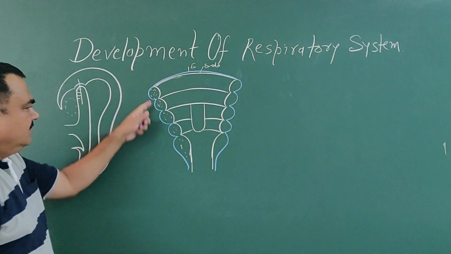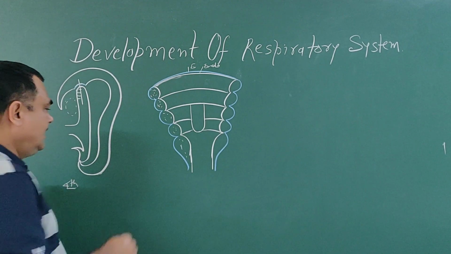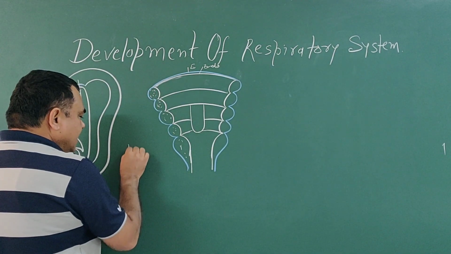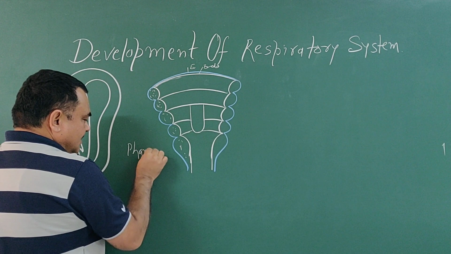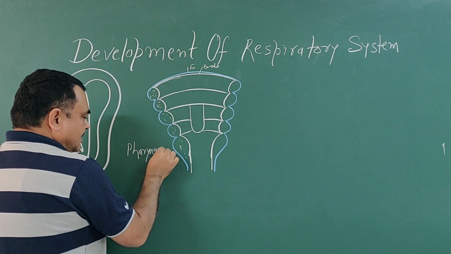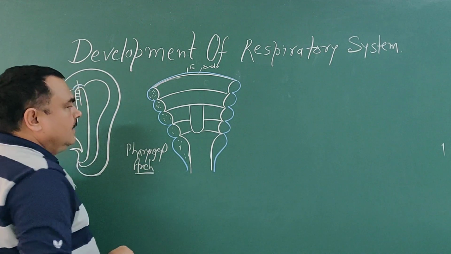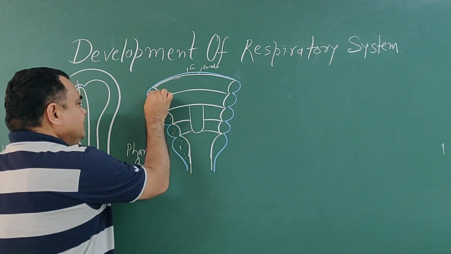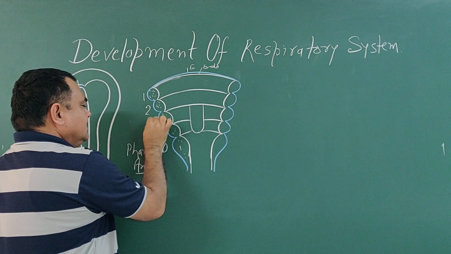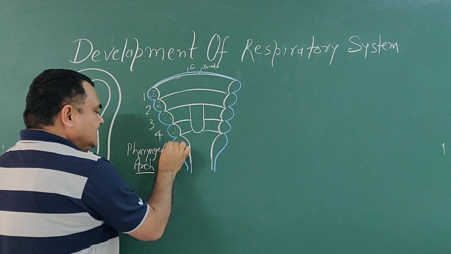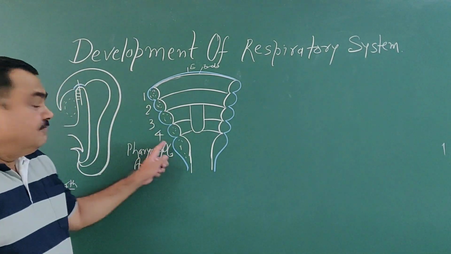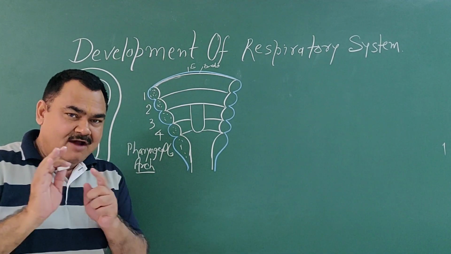This series of thickenings are known as pharyngeal arches. This is the first pharyngeal arch, this is second, third, fourth, and this is sixth. The fifth disappears just after its formation.